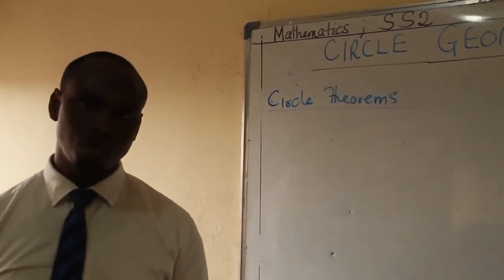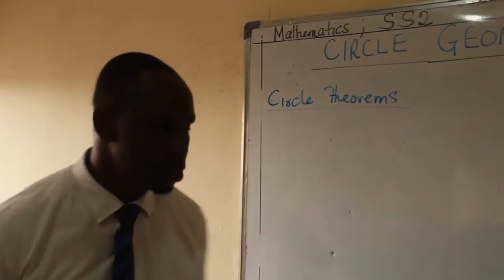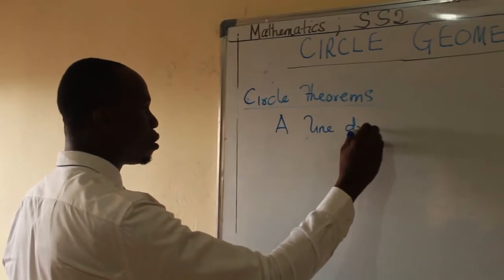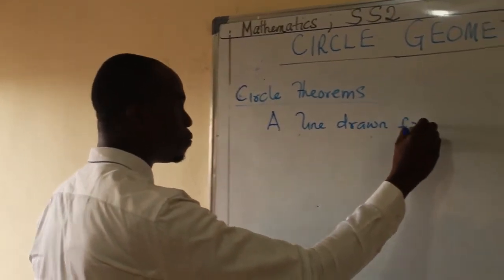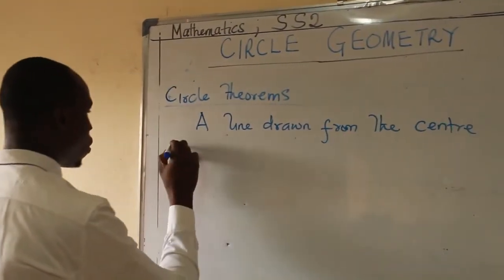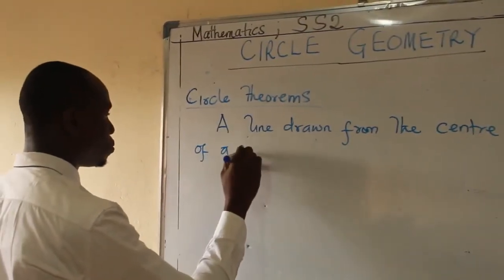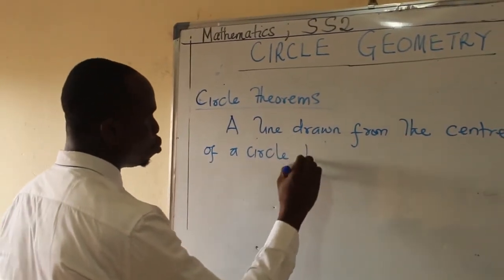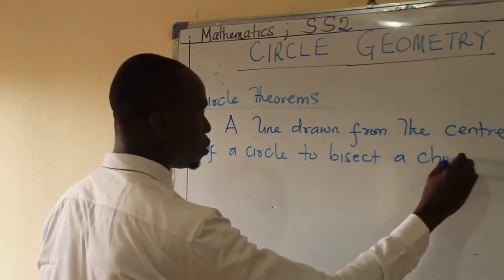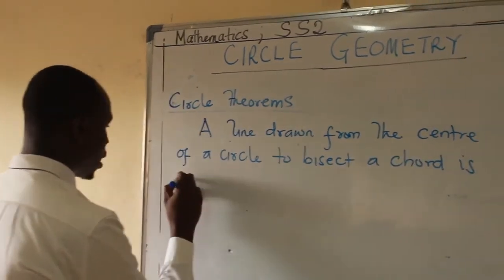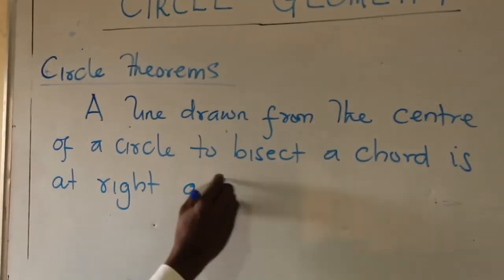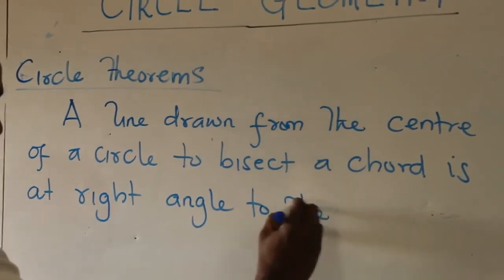So the first circle theorem that I'll be writing on the board is: a line drawn from the center of a circle to bisect a chord is at right angle to the chord.